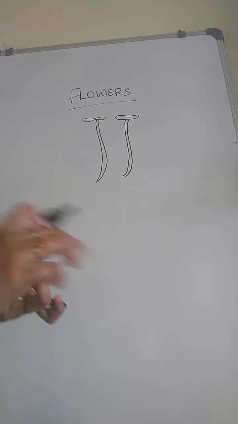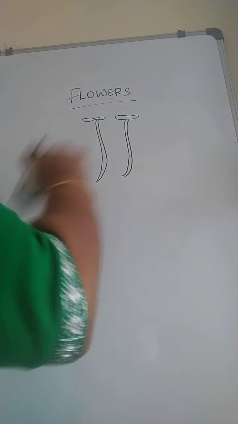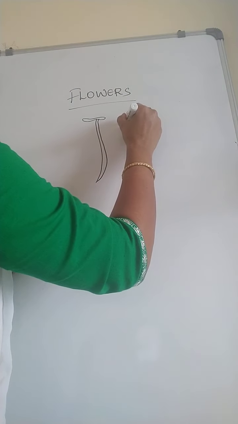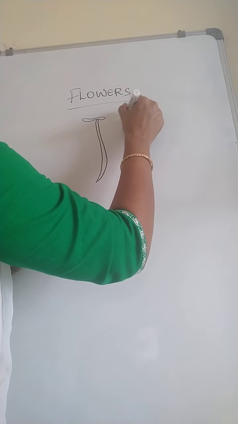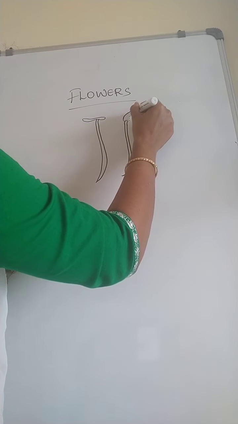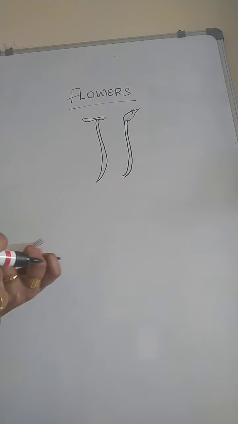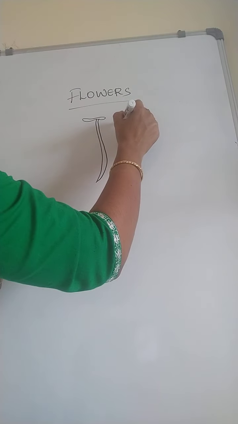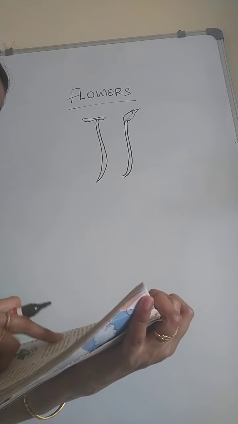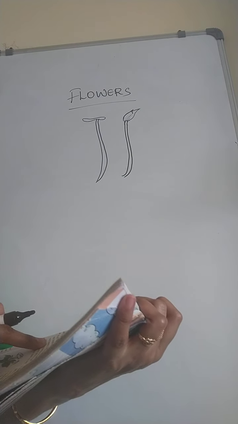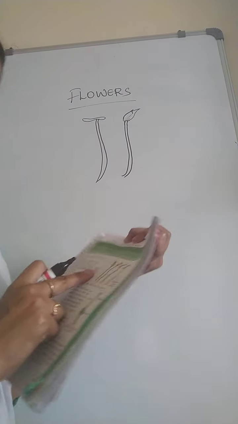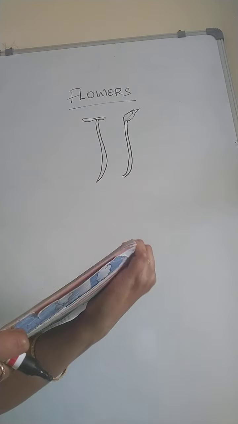Okay, like this. So it shows different kinds of stamens present in different flowers. Okay. So here you can see different types of stamens. It will be different.